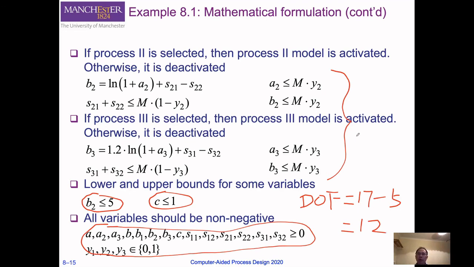These variables can be y1, y2, y3, 3 integer variables, and 6 slack variables s11, s12, s21, s22, s31, s32, and the inlet flow rate of A into process 2 and process 3, and the supply of raw material B, that is B1.